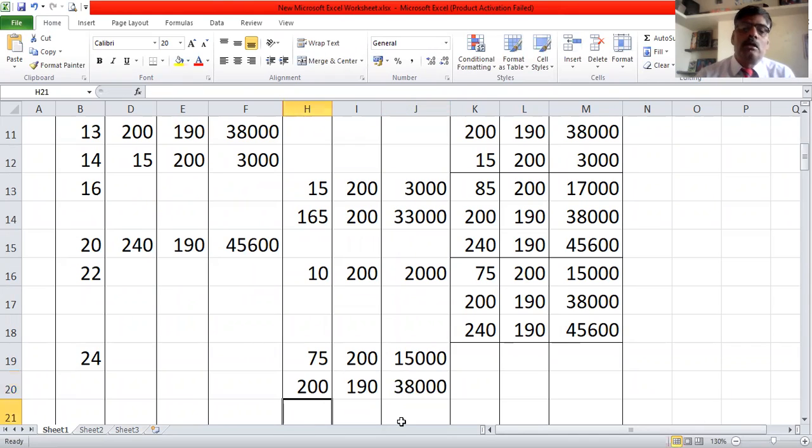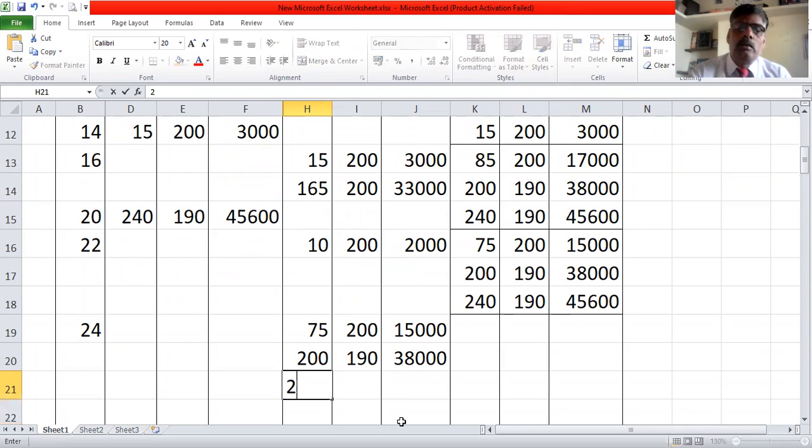Then you take the third lot for the required balance. Out of 300, 275 is already issued, remaining is 25. You issue 25 from the last lot, that is 25 at the rate of 190.